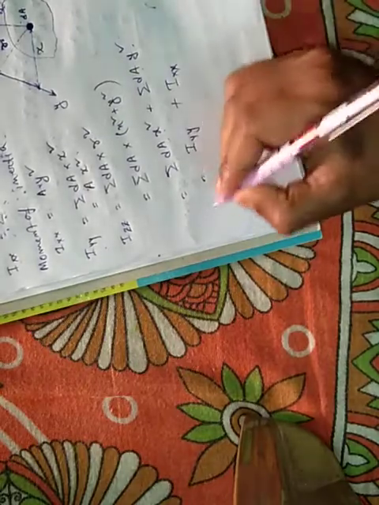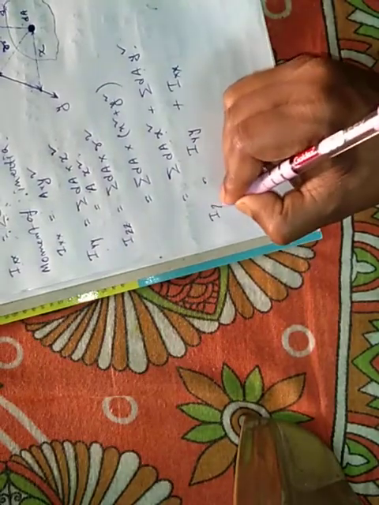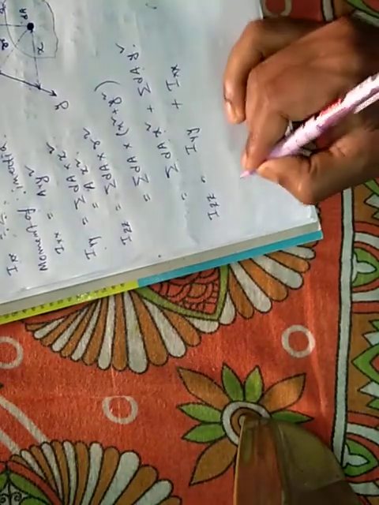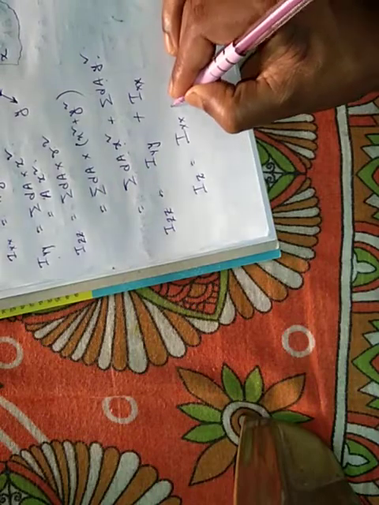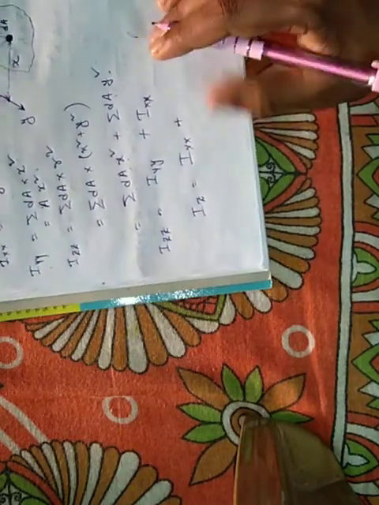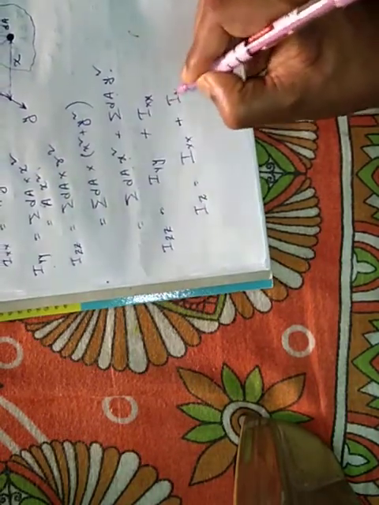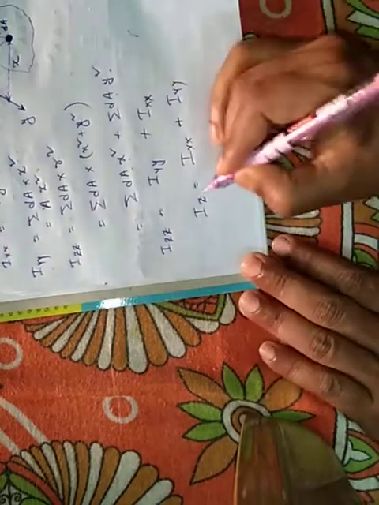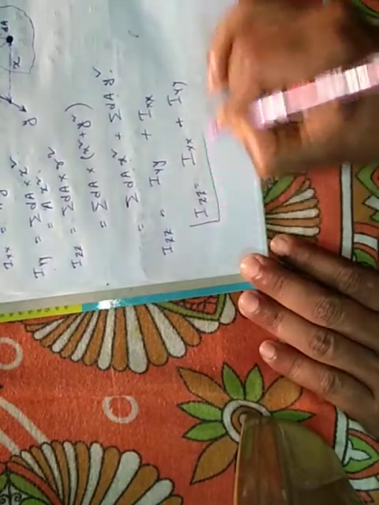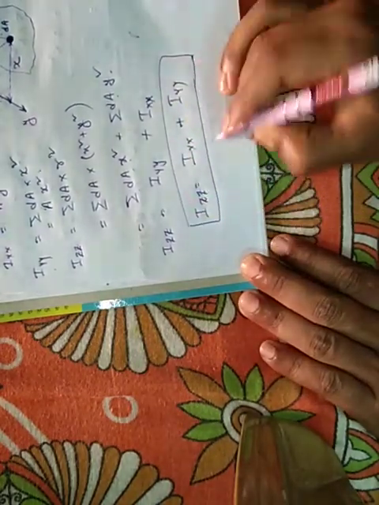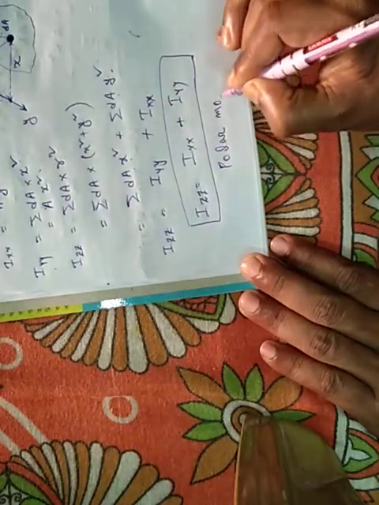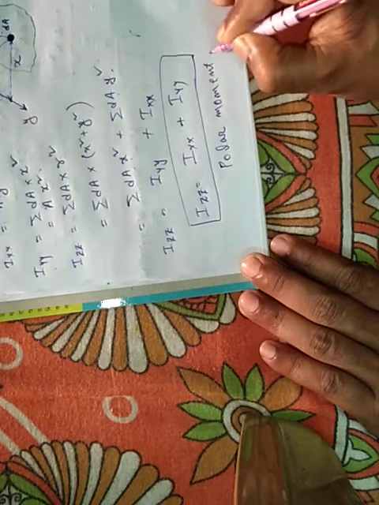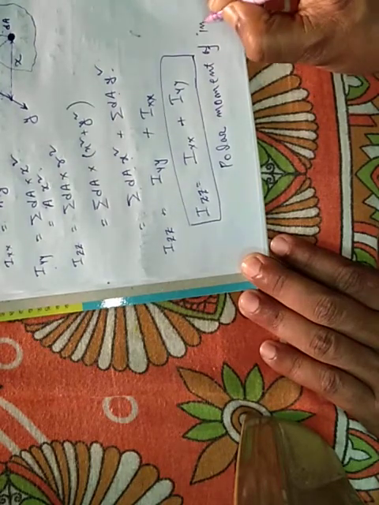That means Izz equals moment of inertia about the x-axis plus moment of inertia about the y-axis. This is also called polar moment of inertia.